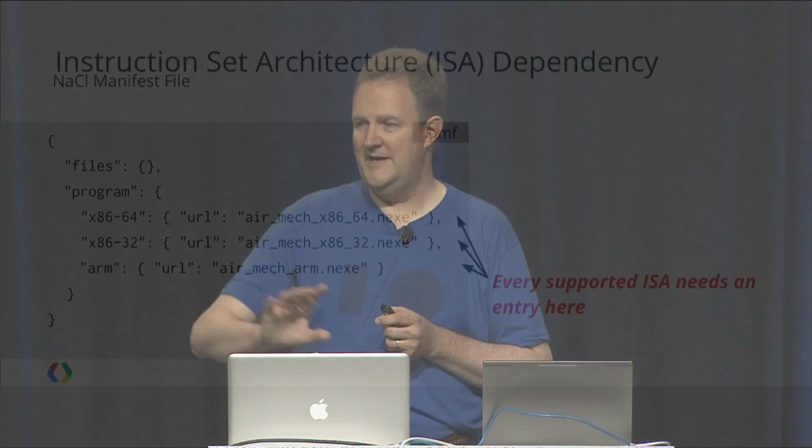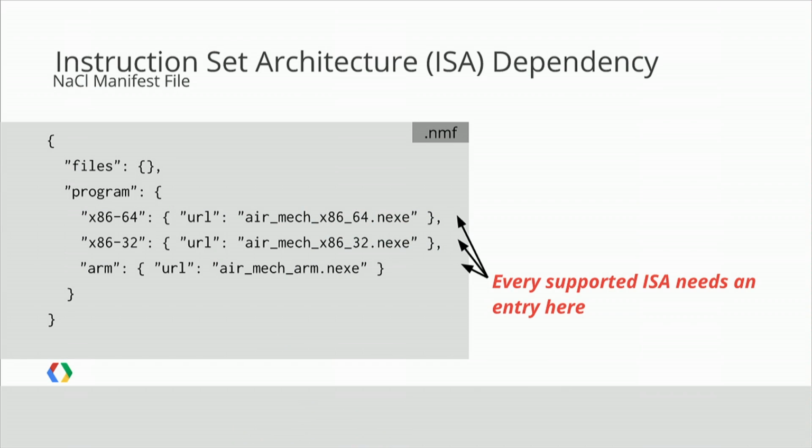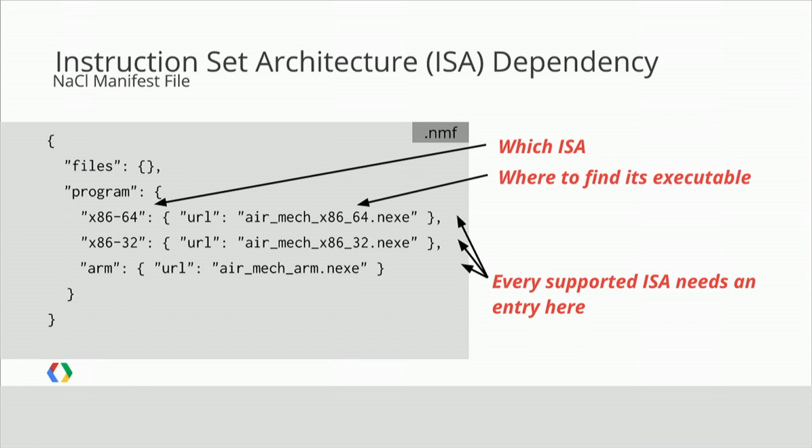And you need to have an entry in this manifest file for every one of those executables that you provide. So that's basically for one target the native client version of your application is going to run on, you'll need one entry in this manifest JSON dictionary. And that's going to tell for which ISA where to find the native client executable.